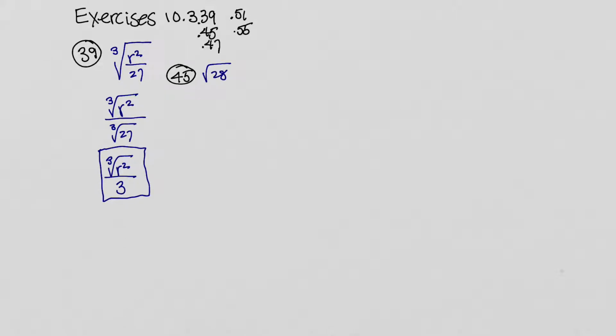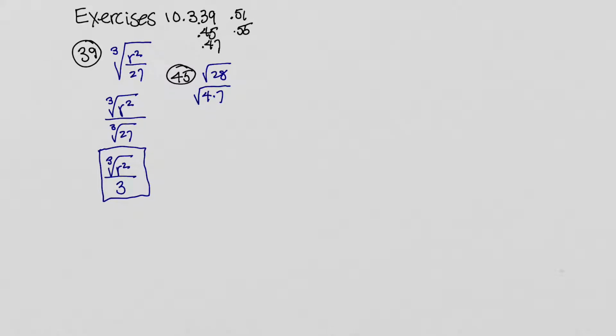Now what we want to do in number 45 is we want to try to simplify the square root of 28. So what I'm going to do is this. I'm going to ask myself, can I break 28 into two numbers, one of which I know the square root? Now 28 I know is 4 times 7. So I'm going to write the square root of 28 as the square root of 4 times 7.